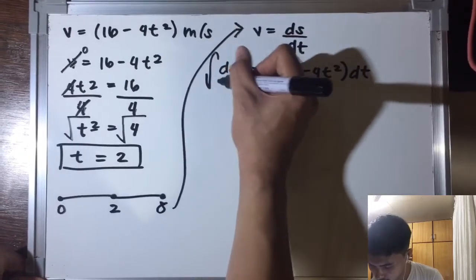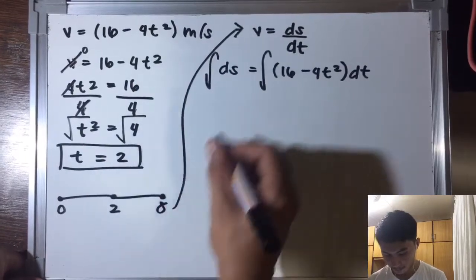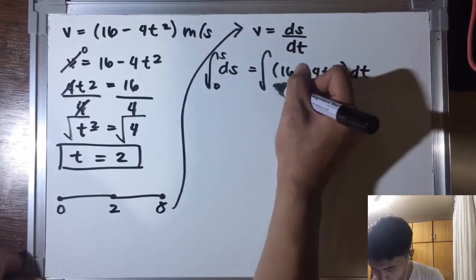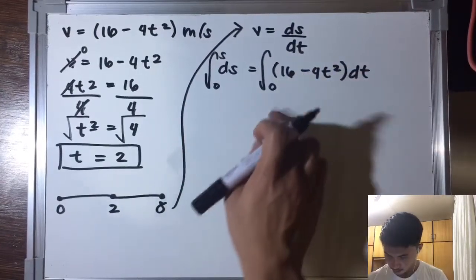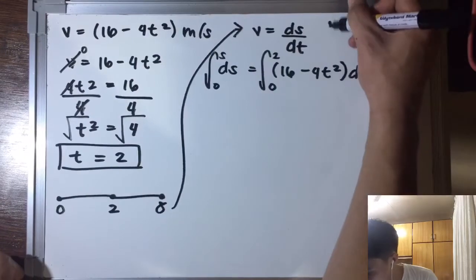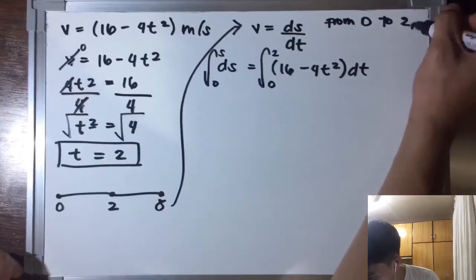Again, let us integrate both sides. This will become 0, and then simply s, and then 0 to 2, right? So from 0 to 2.